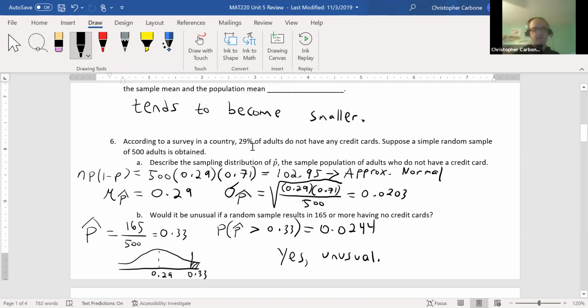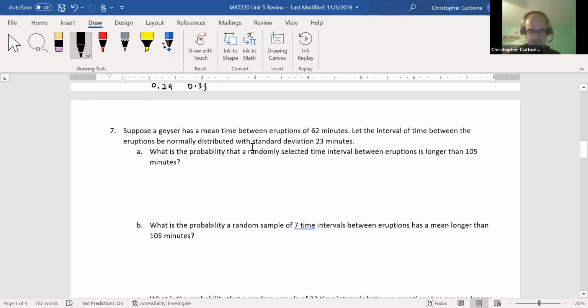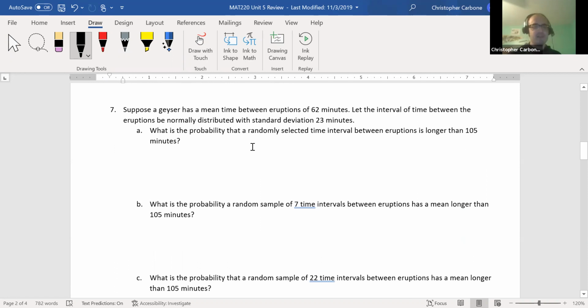Okay, so moving right along. Now question number 7. Suppose a geyser has a mean time between eruptions of 62 minutes. We want to let the interval of time between the eruptions be normally distributed with a standard deviation of 23 minutes.